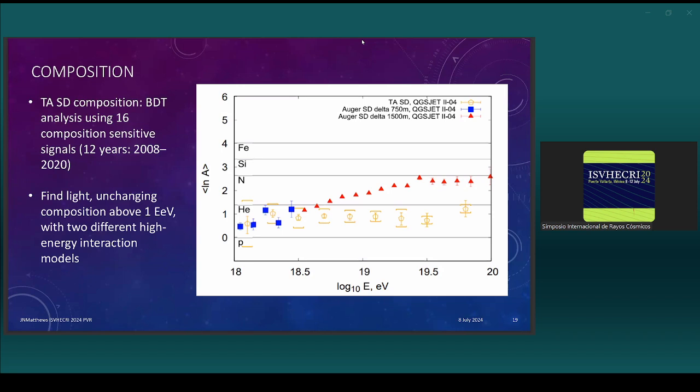Auger had to recalibrate by 30 grams, and that's a third of the difference between proton and iron. It's a big effect, and so you could have a similar thing, maybe to a lesser extent.